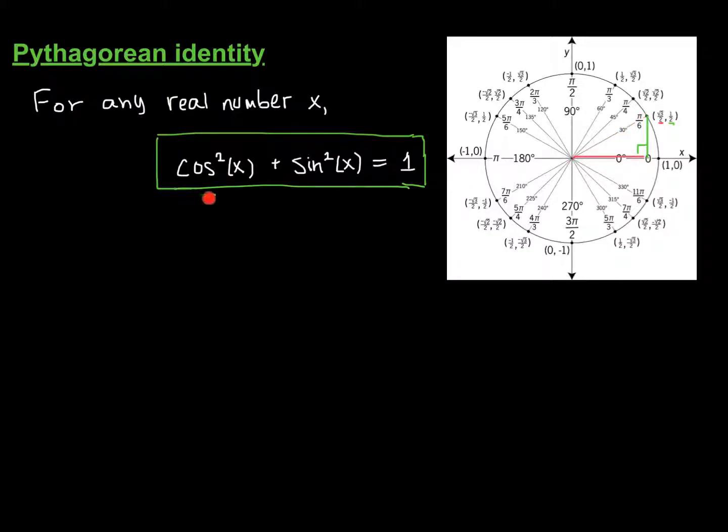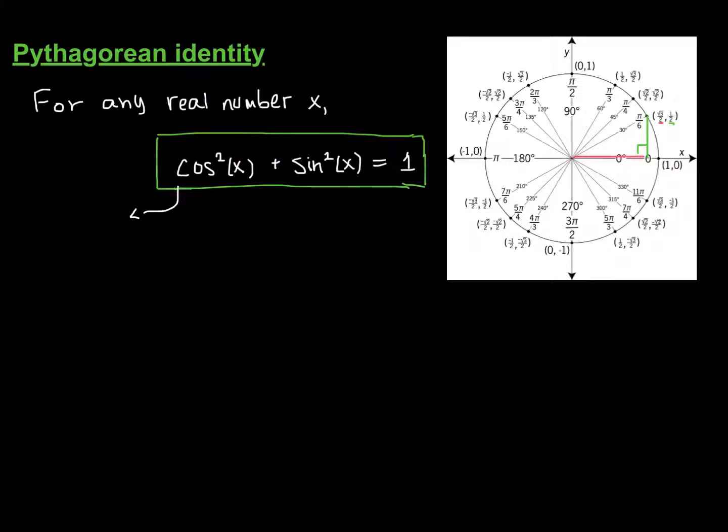Now notice that I've written this a little bit differently, where I have the squared in between the cosine and the argument, in other words, the angle x, or the value of x. And this is how you write cosine squared. What this means is that you are multiplying cosine of x times itself.